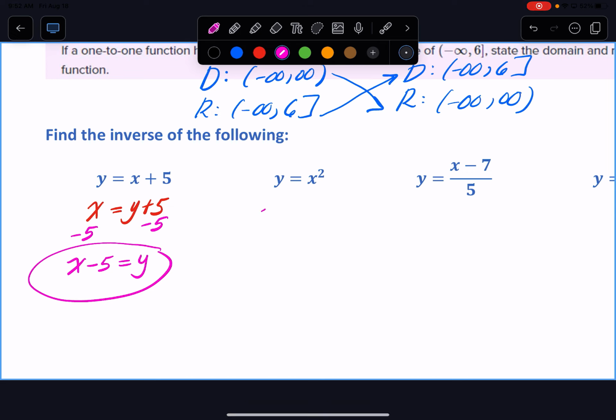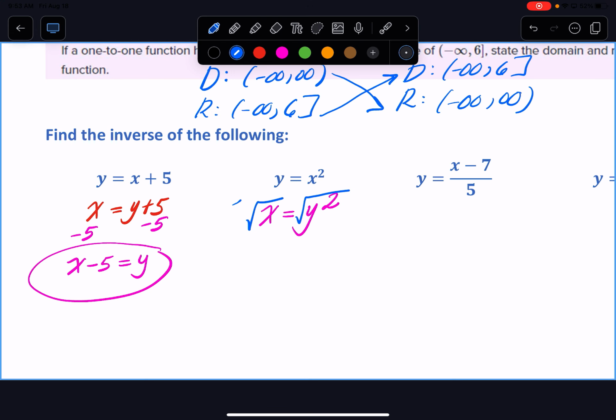All right. Same thing here. Switch x and y. x equals y squared. And then once again, you say to yourself, we like to write functions as y equals. So let's get y by itself. Use algebra to get y by itself. Square root. Now here's what you have to remember. If you are solving, and aren't we solving for y? If you're solving and you mathematically take a square root, you actually have to put a plus and minus.